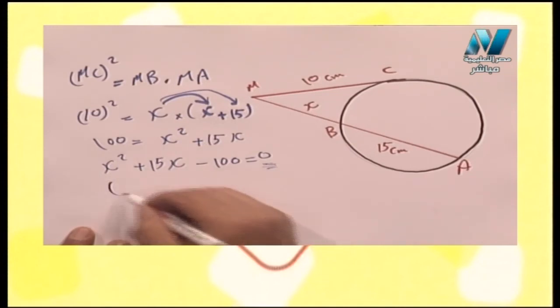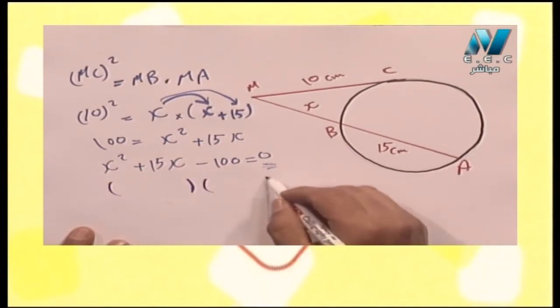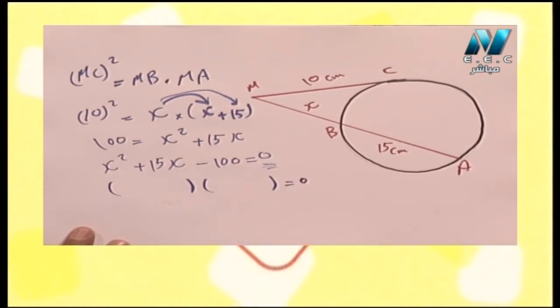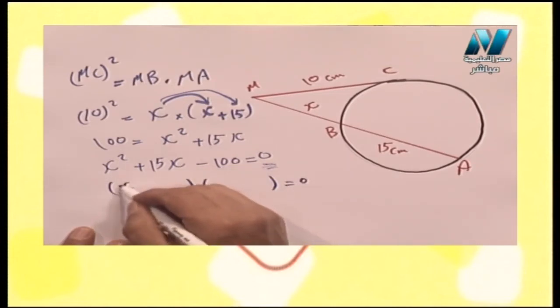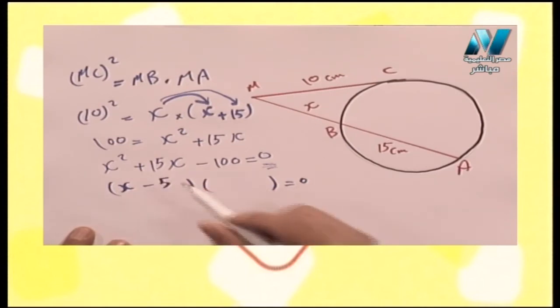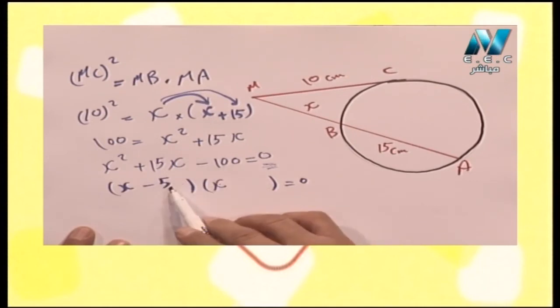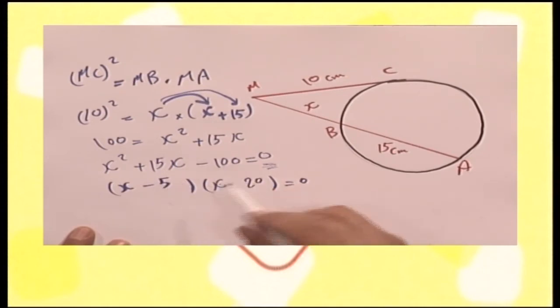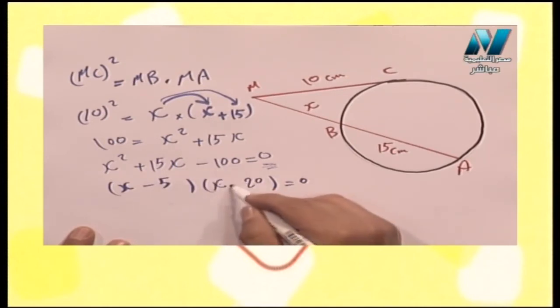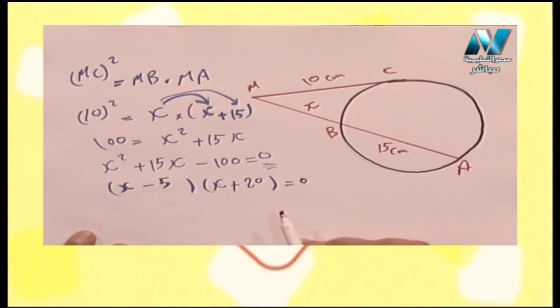By factorizing or by using the formula, we can find that x power 2 is x times x, and 100 is 5 multiplied by 20, with one negative and one positive.